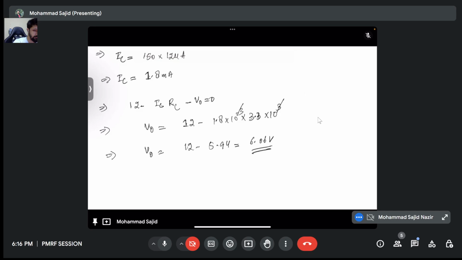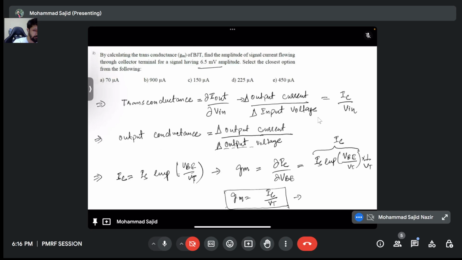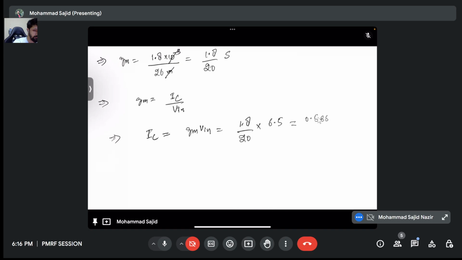Have you calculated it? I'm getting 0.585 milliamp. So that is 585 microampere. One second.